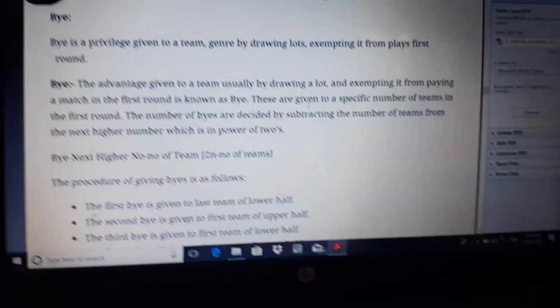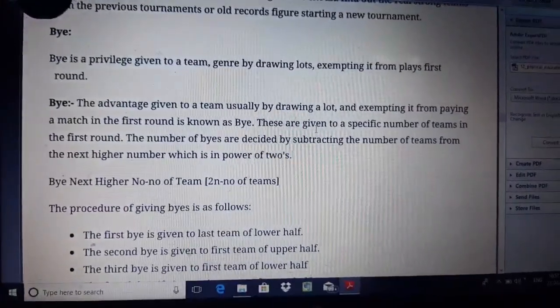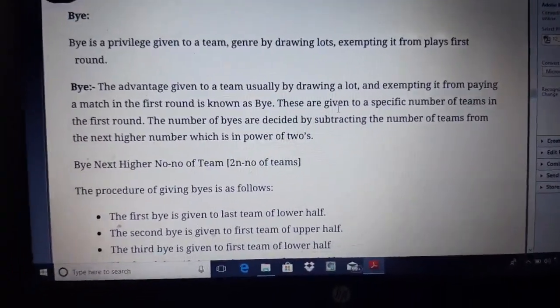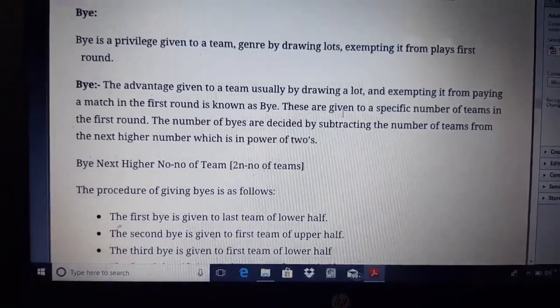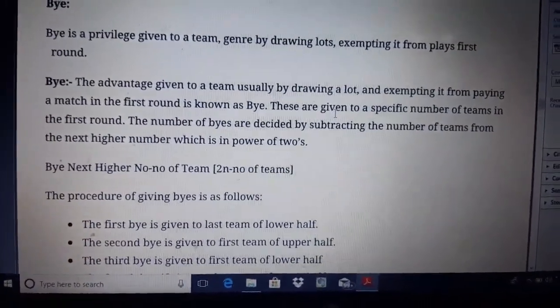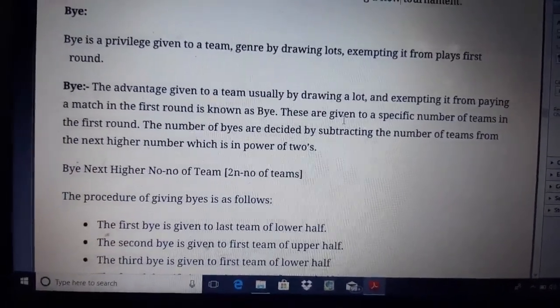Once I finish with the chapter's theoretical study, then we'll do the practical of all these, how to make a draw. Now the procedure of giving byes is as follows. For example, say you are giving 5 byes.